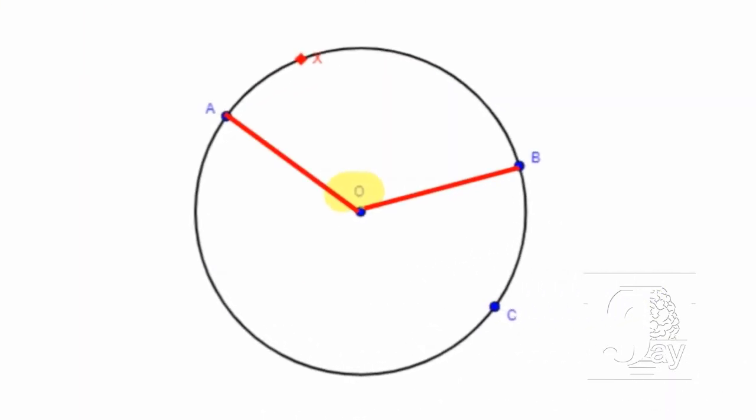The angle subtended by an arc is the angle made by the two bounding radii of the arc. The angle subtended by a chord is also the same angle made by the two bounding radii.